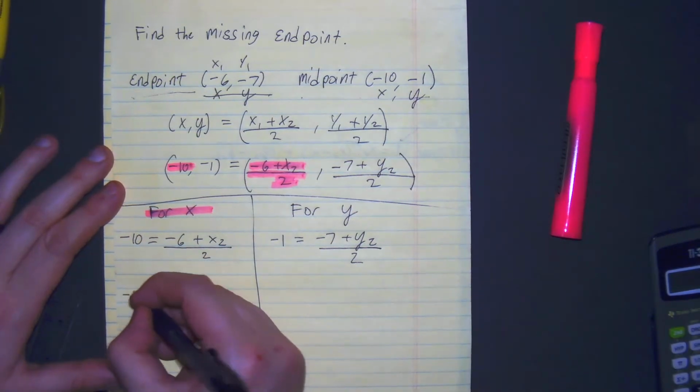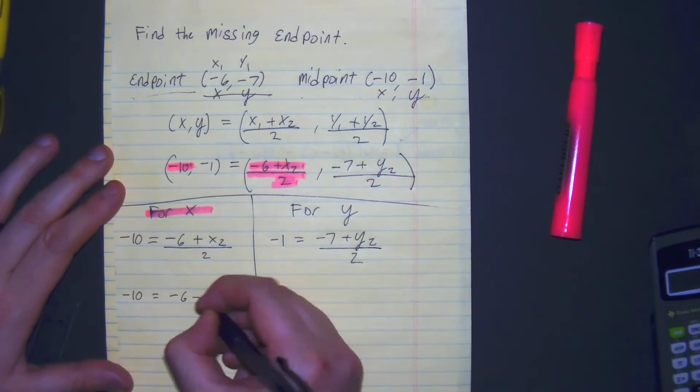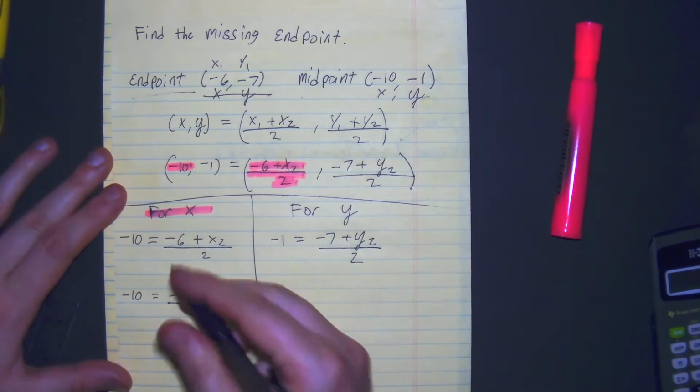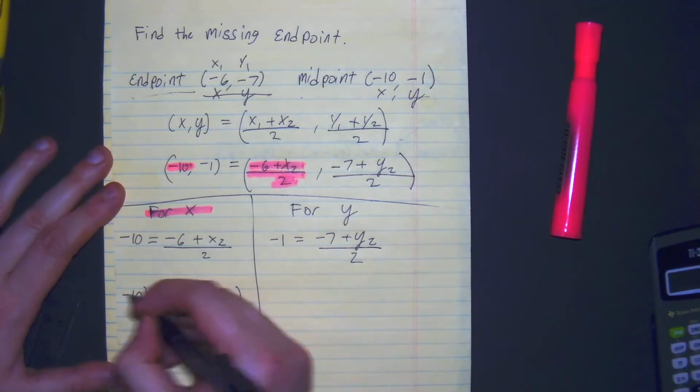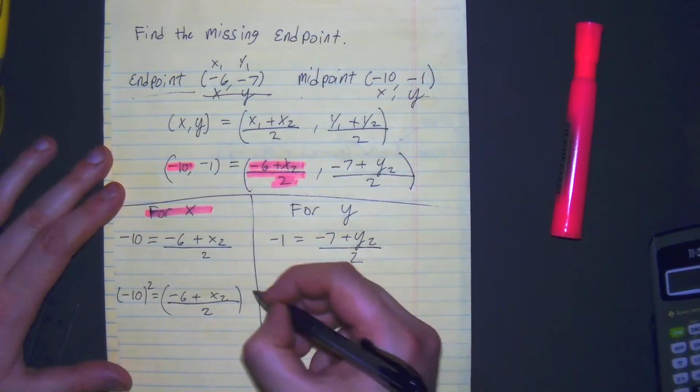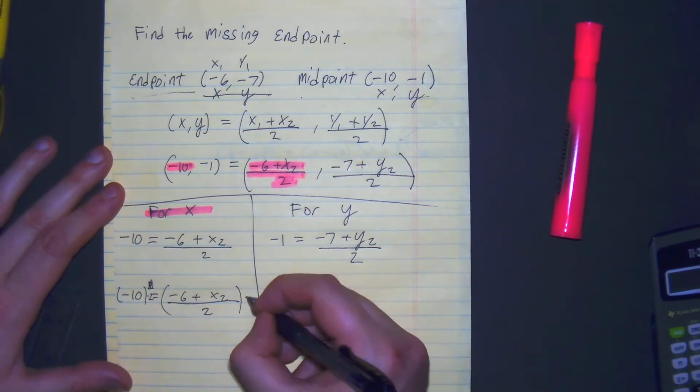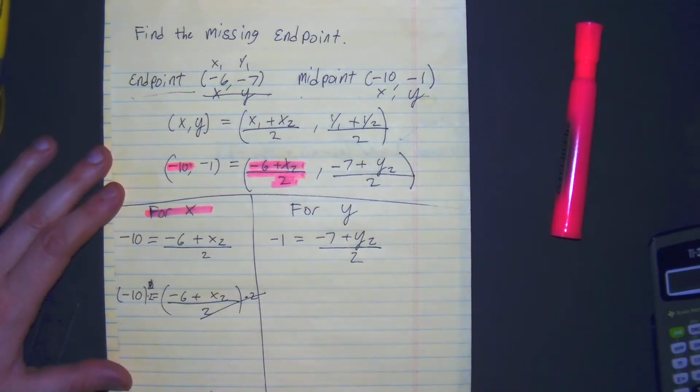So our first step, negative 10 is equal to negative 6 plus x2 divided by 2. The first thing you need to do is get rid of this denominator. So we get rid of it by multiplying both sides by 2, to cancel it out.